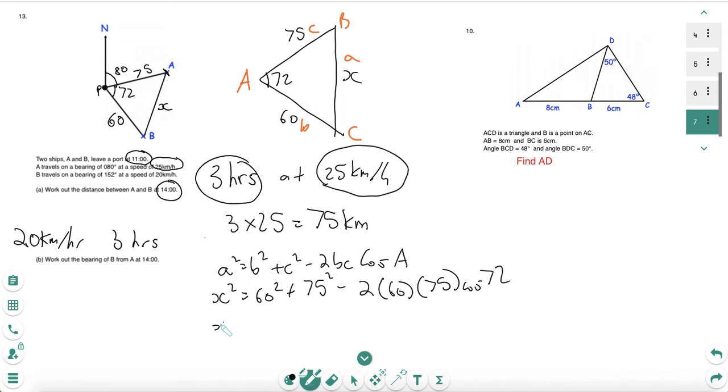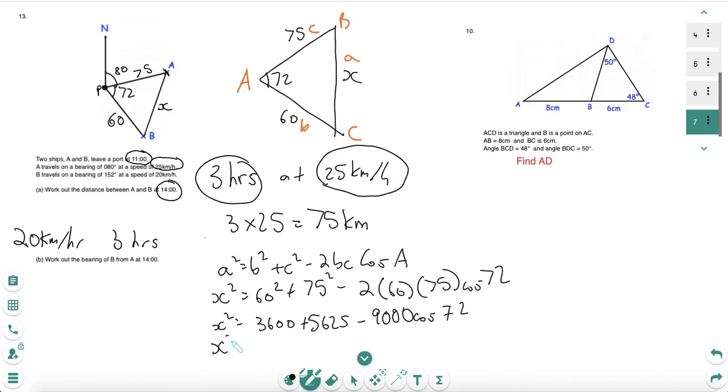Let's simplify this. 60 squared is 3,600, plus 75 squared is 5,625, minus 2 times 60 times 75 is 9,000 cosine 72.